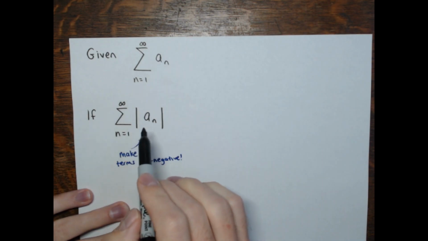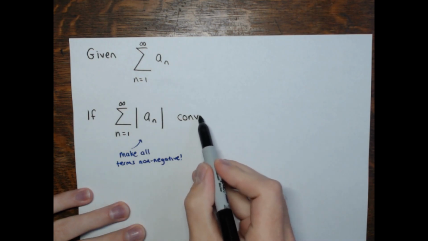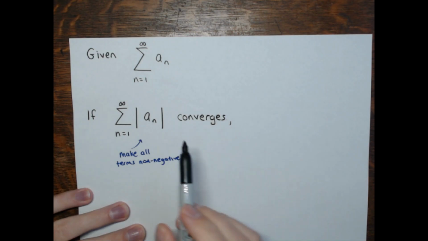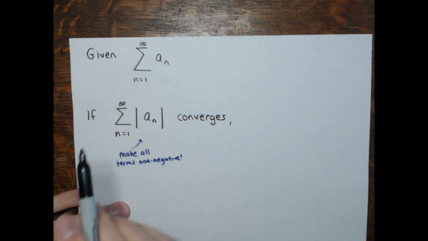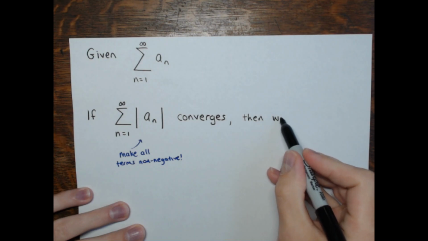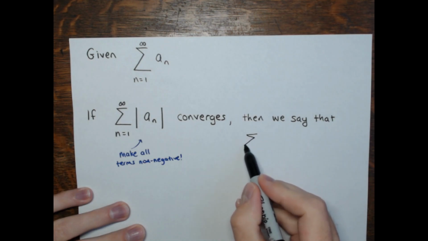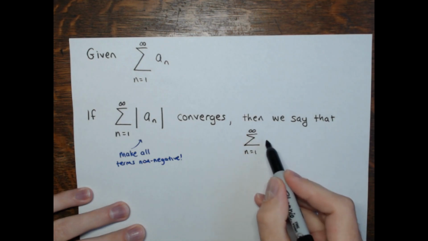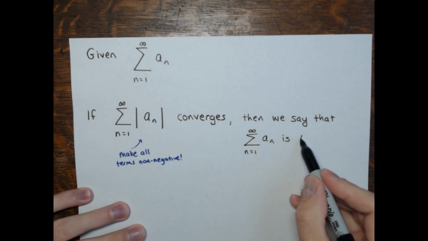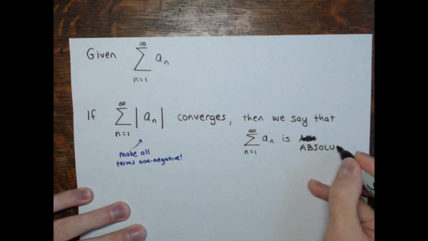If I make all the terms non-negative and the series of non-negative terms converges, then we say that the series that we were given initially is absolutely convergent.